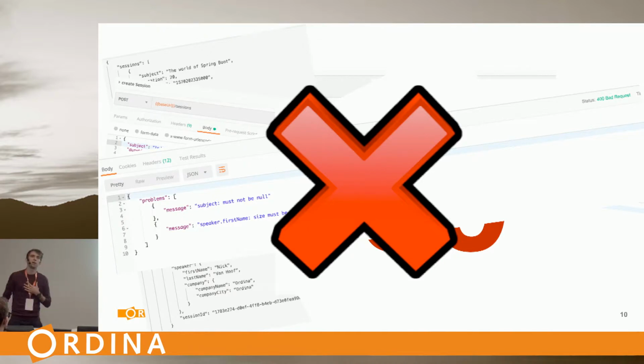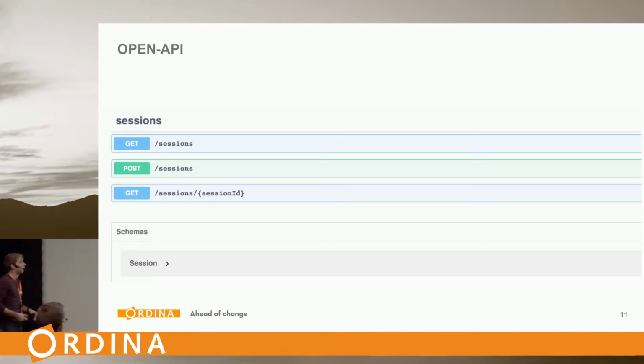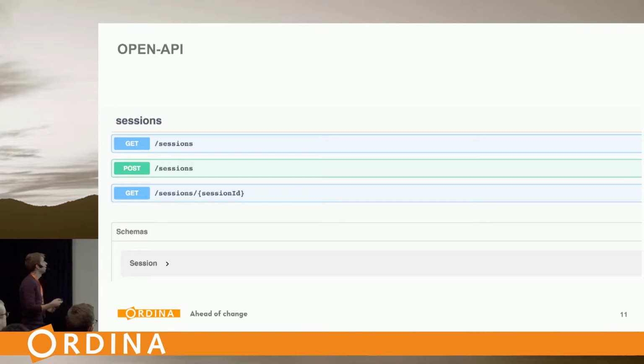If you come to me and you ask me, what does your API look like? I want to be clear on that, because I want to communicate clearly, I want to visualize it, so I will point you to a website where we have designed the API, or where you can check out the API, and you can nicely view, and this is the OpenAPI specification that is behind this. You can nicely view, as I told you already, you can get all the sessions on this endpoint.